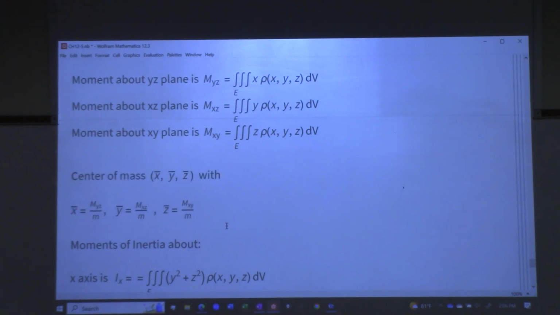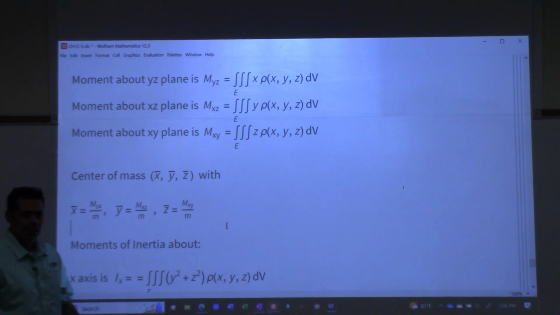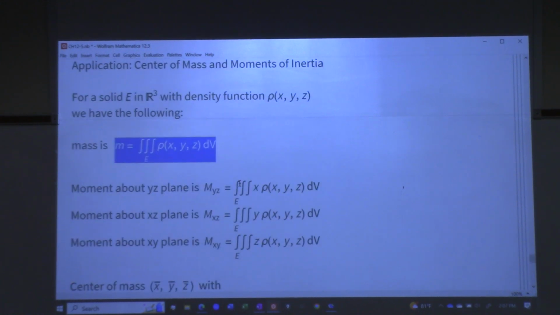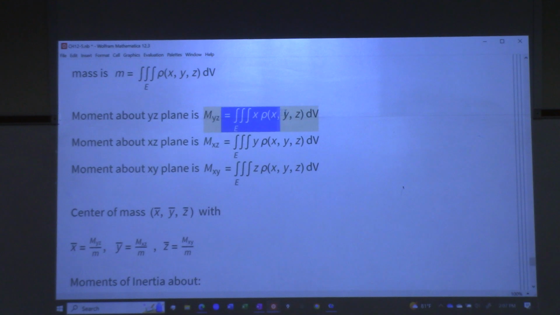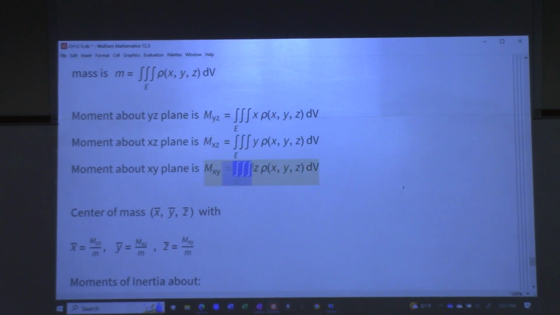So in order to find the center of mass of a 3-dimensional solid, you have to do a total of 4 triple integrals. The first triple integral gives you the mass. Then you have to calculate the moment about the yz plane, the moment about the xz plane, and the moment about the xy plane.